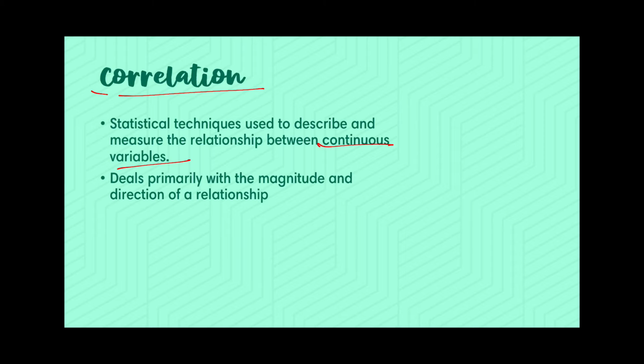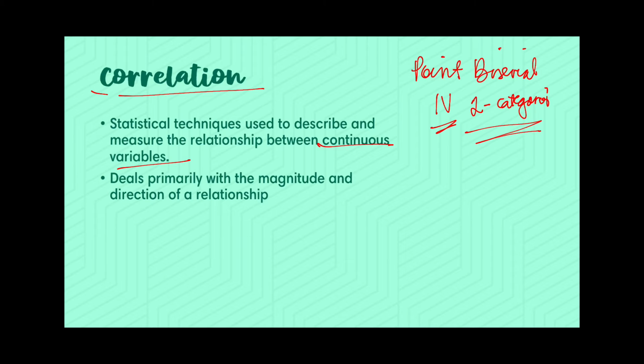Some schools of thought accept ordinal variables because they also manifest directions. Some schools of thought also mention the term point biserial. So point biserial is when your independent variable has two outcomes. It's a categorical variable with two outcomes.